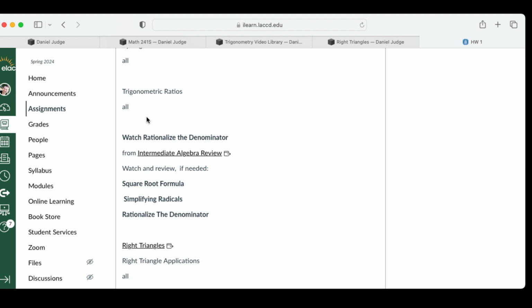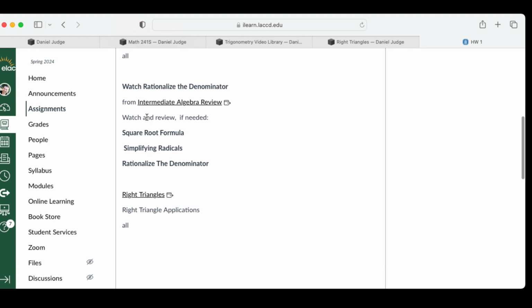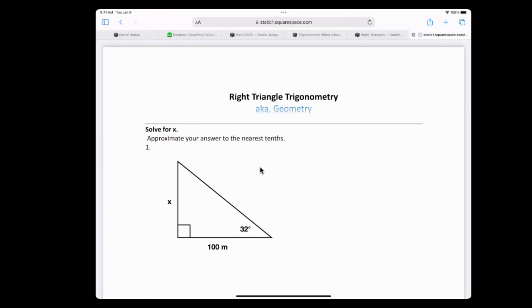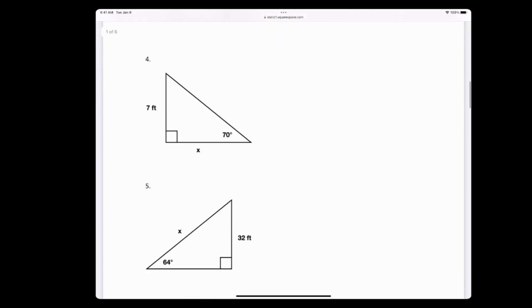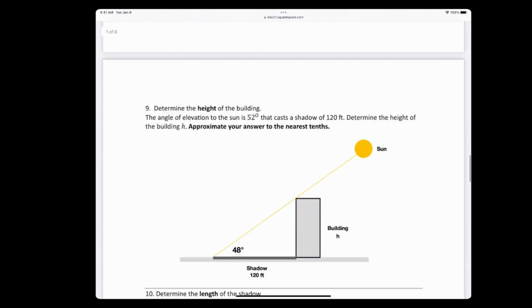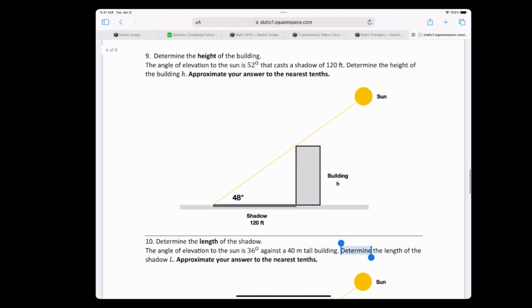Some of you guys might say, I'd like to see some more algebra here, but I'm going to share with you guys on that worksheet, just so you guys know, there are some other ideas here in relation to right triangles that are very important. And I'm going to give you an example here, like maybe number 9 here. You know, well, what is number 9? I'm going to do this.